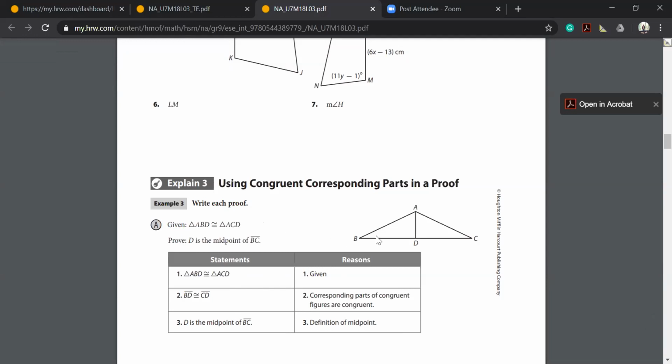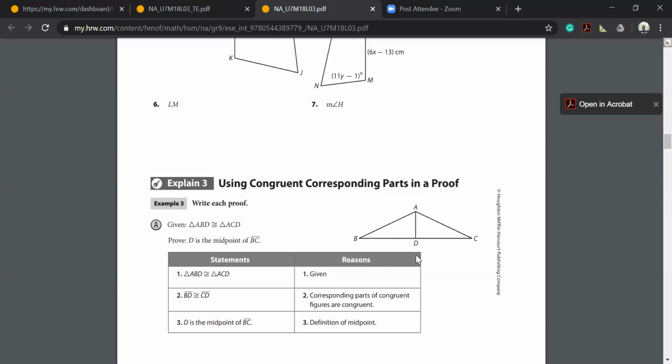Okay, given here that triangle ABD is congruent to triangle ACD, they are congruent. Prove that D is the midpoint of BC. We need to prove that D is the midpoint of BC. First of all, let's understand. For D to be the midpoint of BC, it means what?